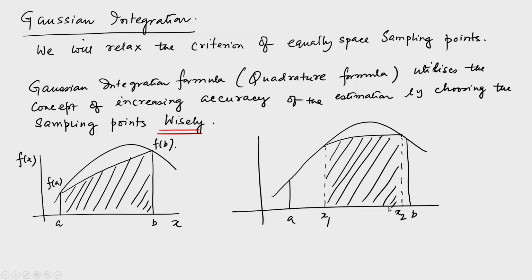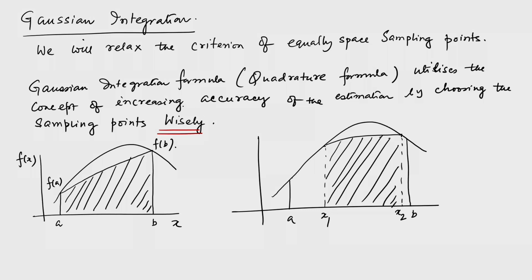Now, there is a question. The question is whether the trapezoid that we get by calculating the area, I mean calculating the value of the integral by using x1 and x2 as the sampling points, is any better than that obtained by a and b as the sampling points. That is not clear, and whatever it looks visually, even if it looks better or worse, it doesn't have a meaning unless we wisely choose.